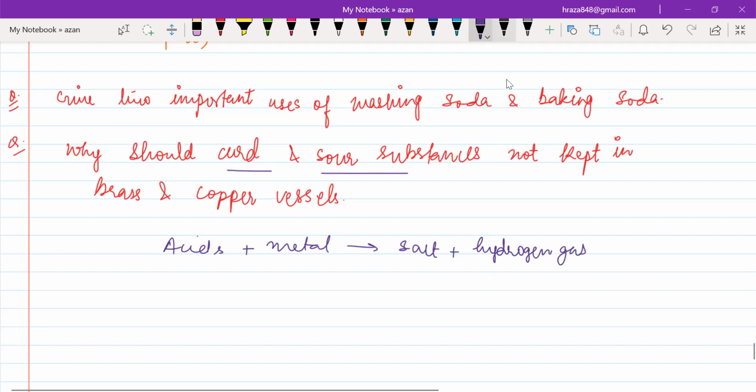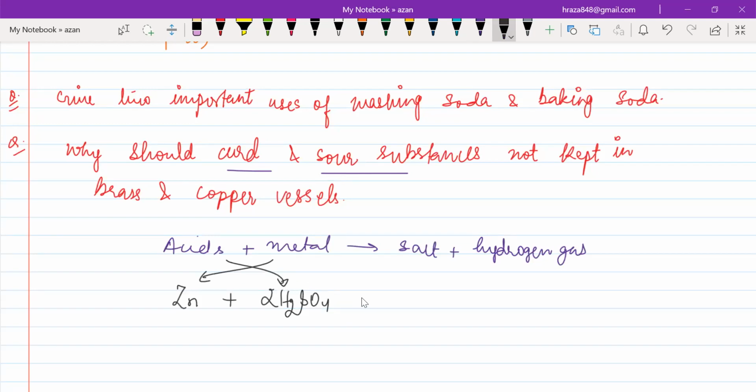Are you getting my point? Like if zinc reacts with H2SO4, this is metal and this is acid, this will give ZnSO4, that is salt, plus H2 gas. So this is salt and this is gas. Please write it.